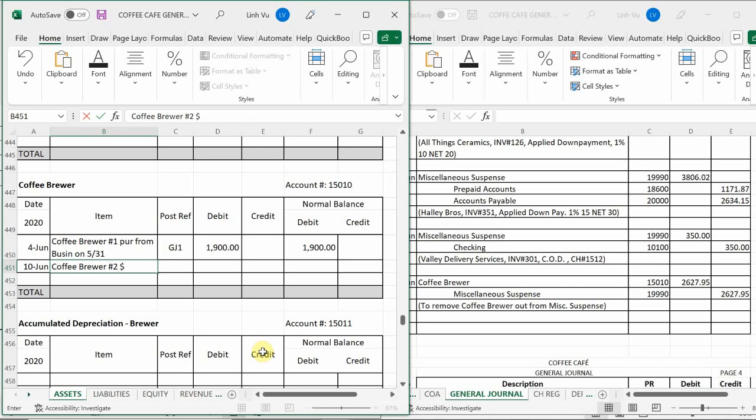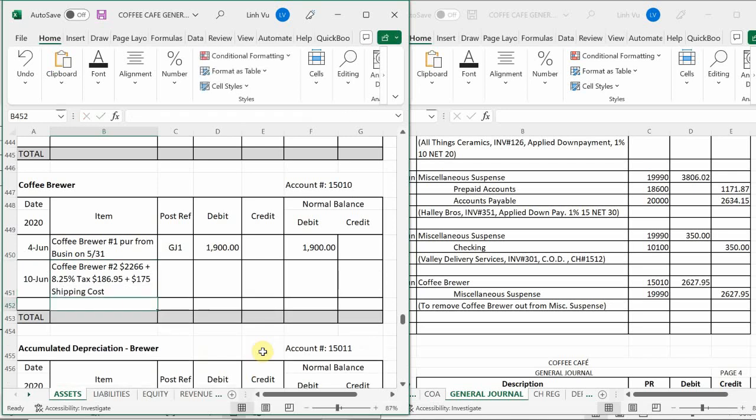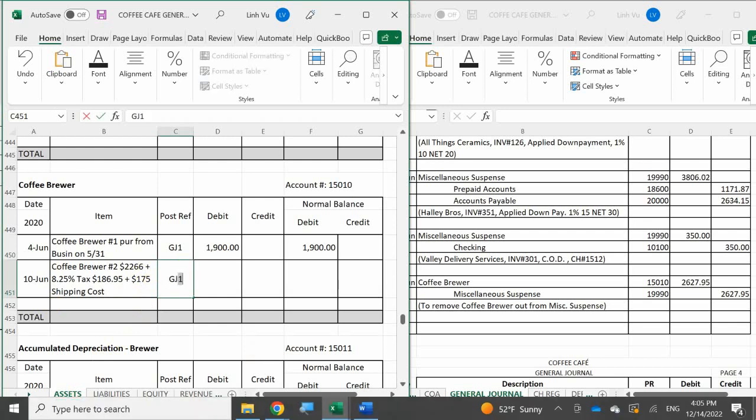It originally cost you $2,266. We got the tax to come out to be a total of $186.95. We said the shipping cost was $175 worth of shipping. So this is General Journal page 3, increase the account by $2,627.95.